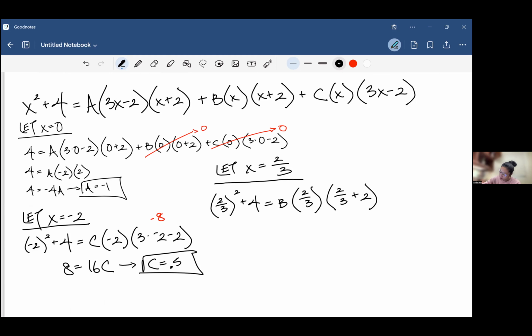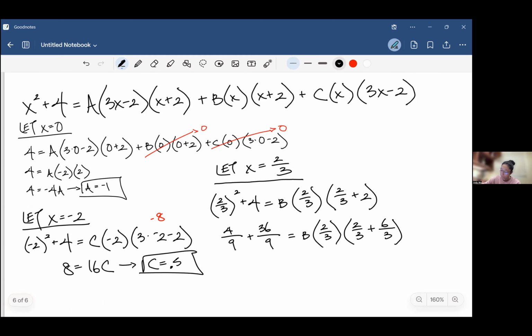All right, so I get 4/9 plus, I'm going to turn 4 into 36/9 equals b times 2/3 times 2/3 plus, I'm going to turn the 2 into 6/3.